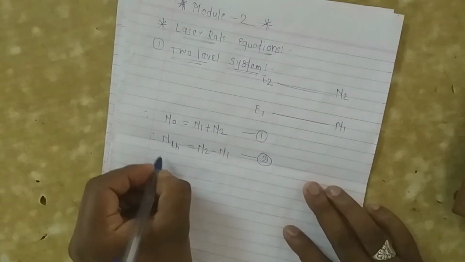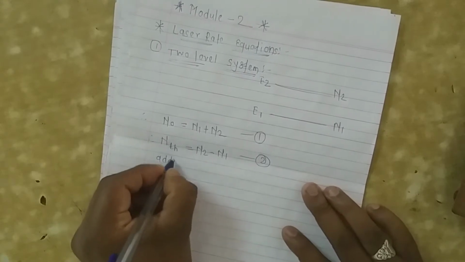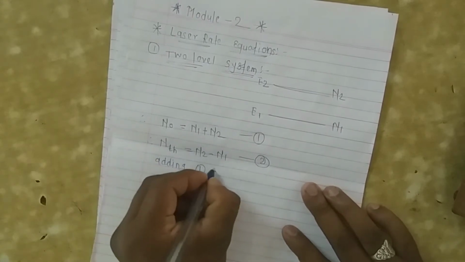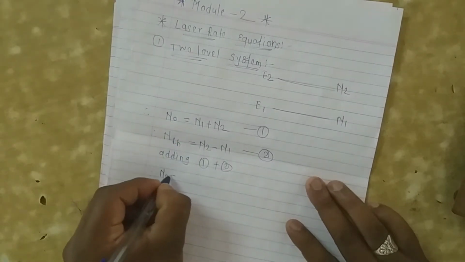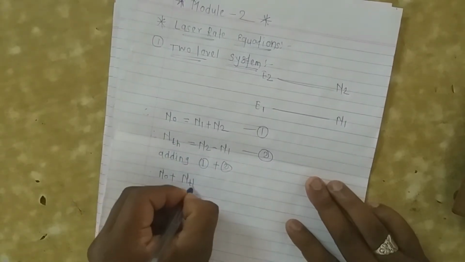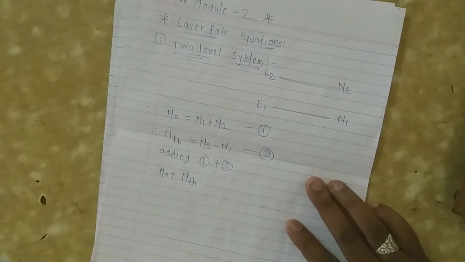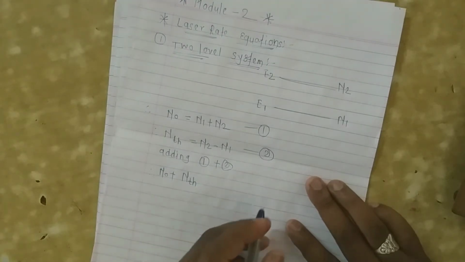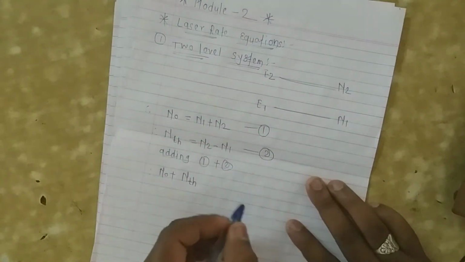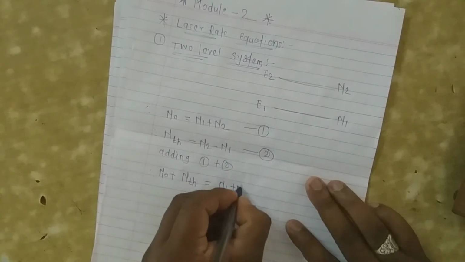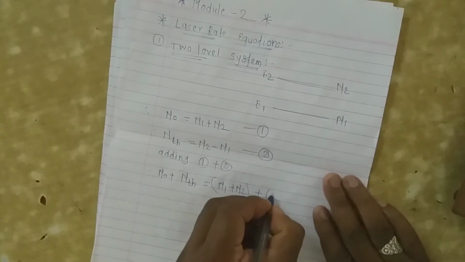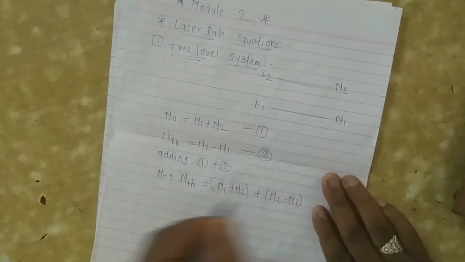Then the next step, adding equations 1 and 2. We add N0 plus NTH. NTH is the threshold population inversion, and N0 is the total number of atoms participating in the lasing action, which is equal to N1 plus N2, plus N2 minus N1.